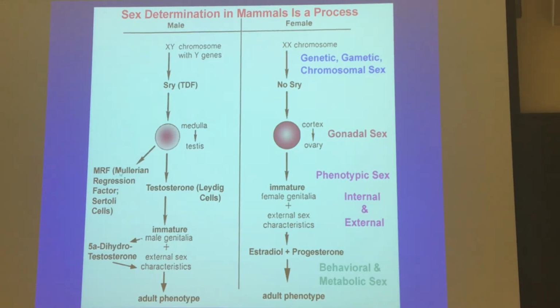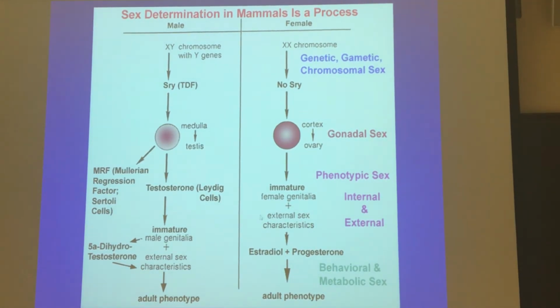In addition, you don't have the regression factor. As a result, the Mullerian ducts develop. So you get internal, immature female genitalia. Notice I emphasize immature, because that's an important component of both of these.